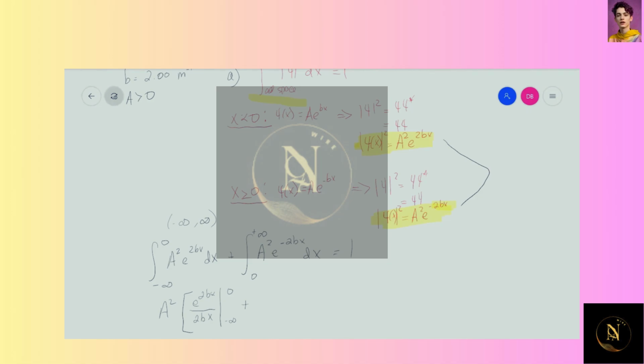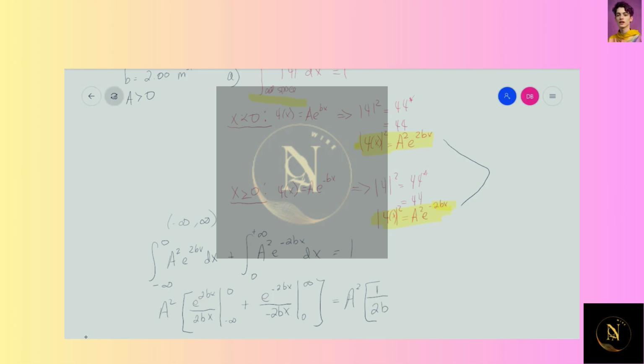And we'll also have e to the negative 2bx over negative 2b, from 0 to positive infinity. If we evaluate these, we'll find that two of the terms cancel out. What we'll get is a squared times, and e to the 0th power is just 1.